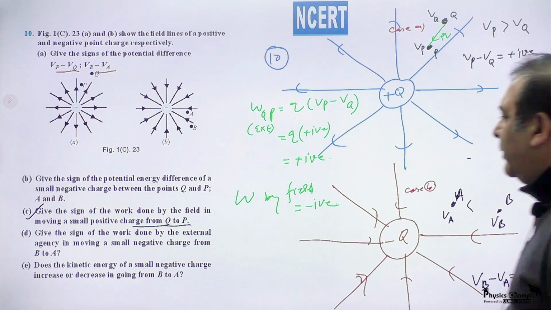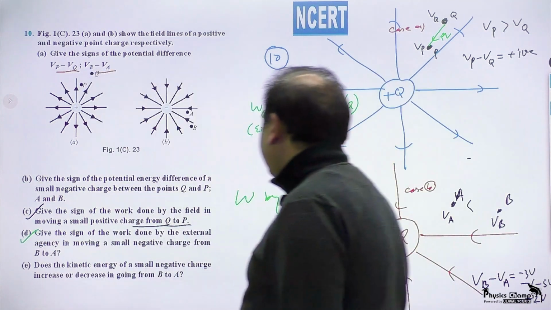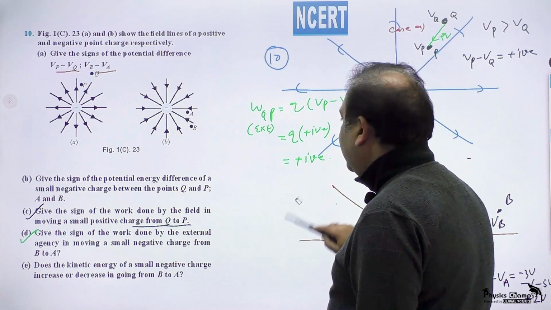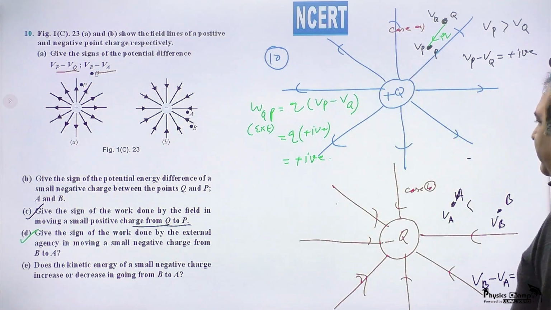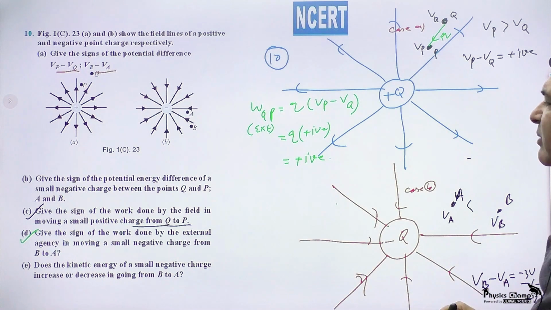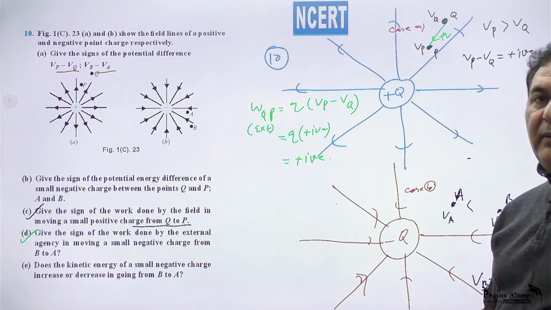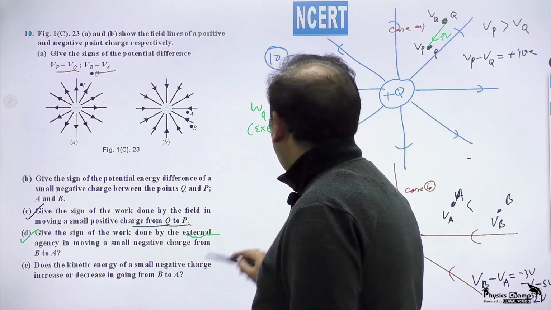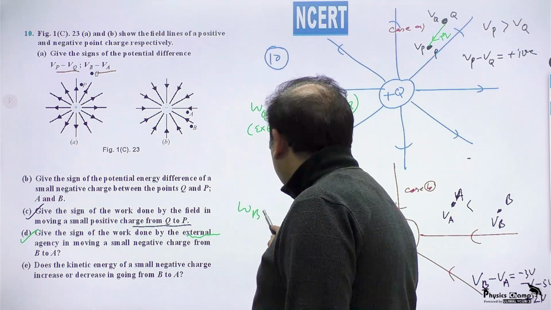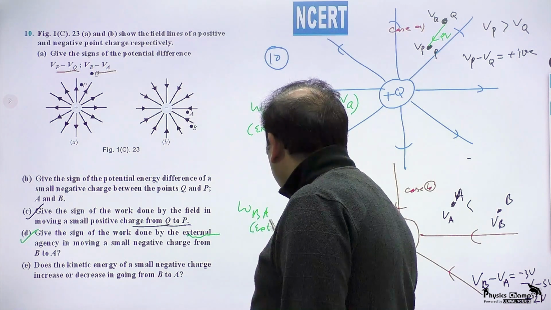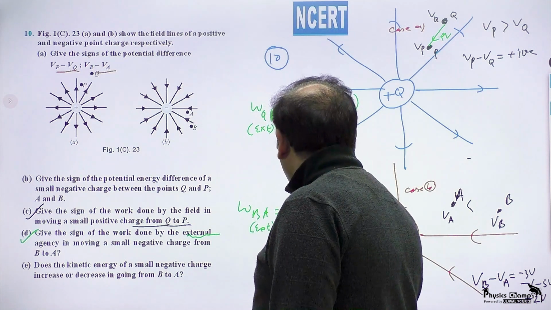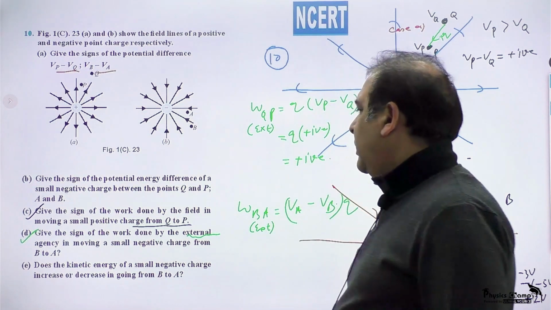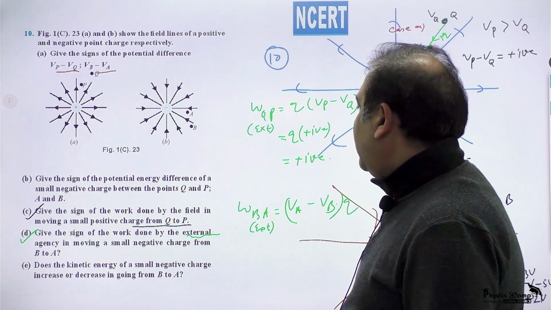Let's take part D. Give the sign of work done similarly in the same way. Give the sign of work done by the external agency in moving a small negative charge from B to A. Now work done to move from B to A by the external force will be VA minus VB into Q. Now I am moving a negative charge.